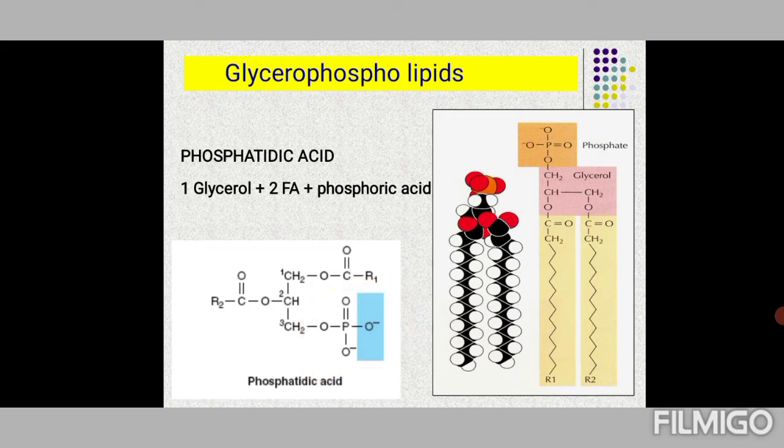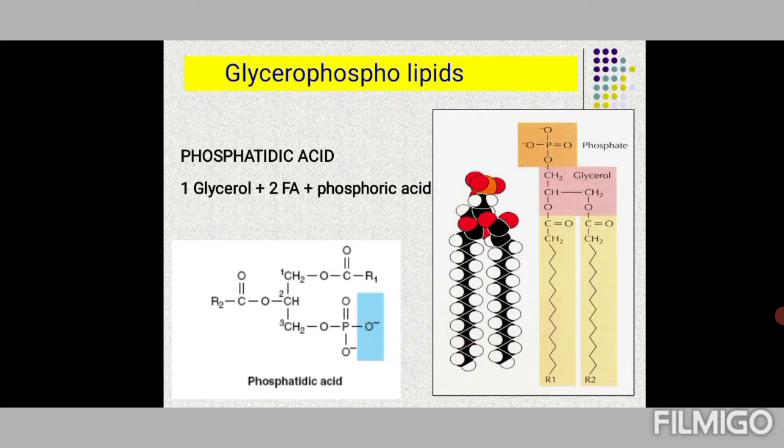Now, in glycerophospholipids, this phosphate will have an attached alcohol. Depending on the type of alcohol present in this part, it will be classified and will also have different functions. Alcohols like choline, ethanolamine, serine, or inositol can get attached to this position.